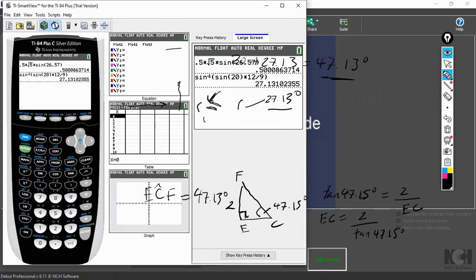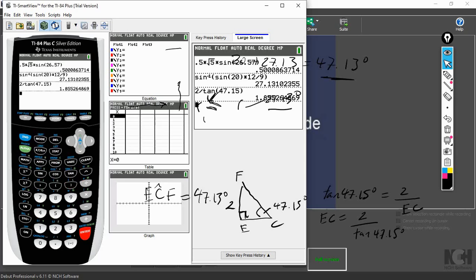There. So we need to find out what 2 divided by tangent of 47.15 degrees is. So we go 2, oh whoops, I can't use that. I need this other thing. So 2 divided by tangent of 47.15 degrees. And that is equal to 1.85.